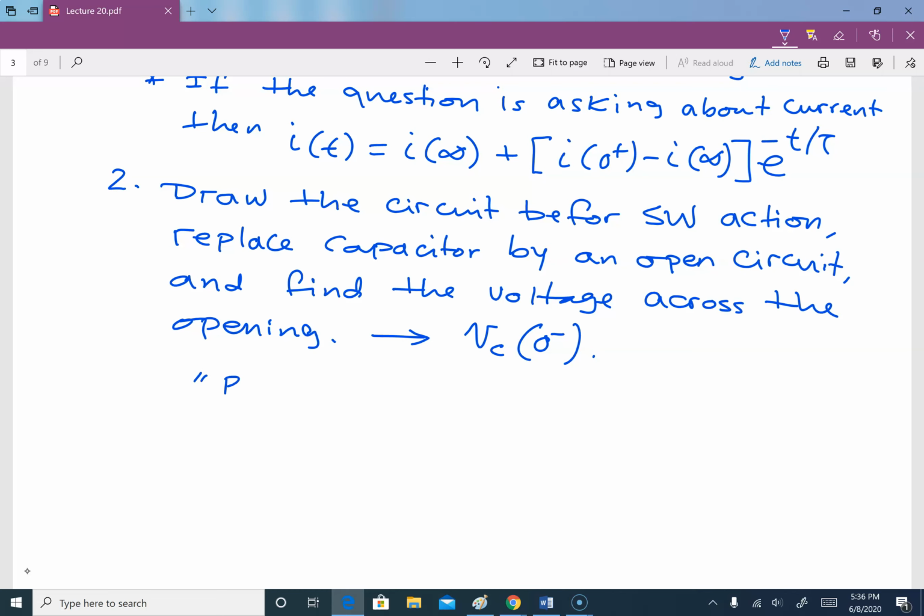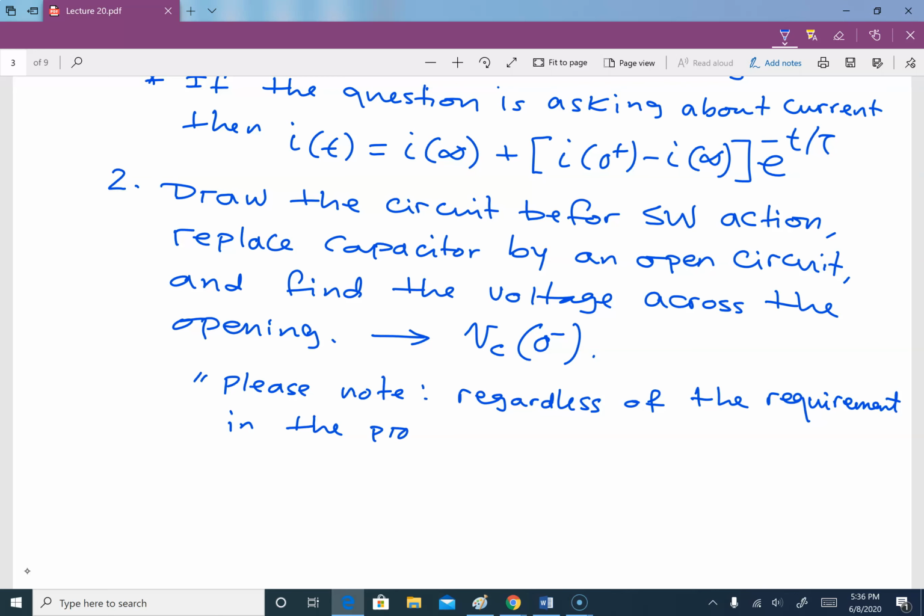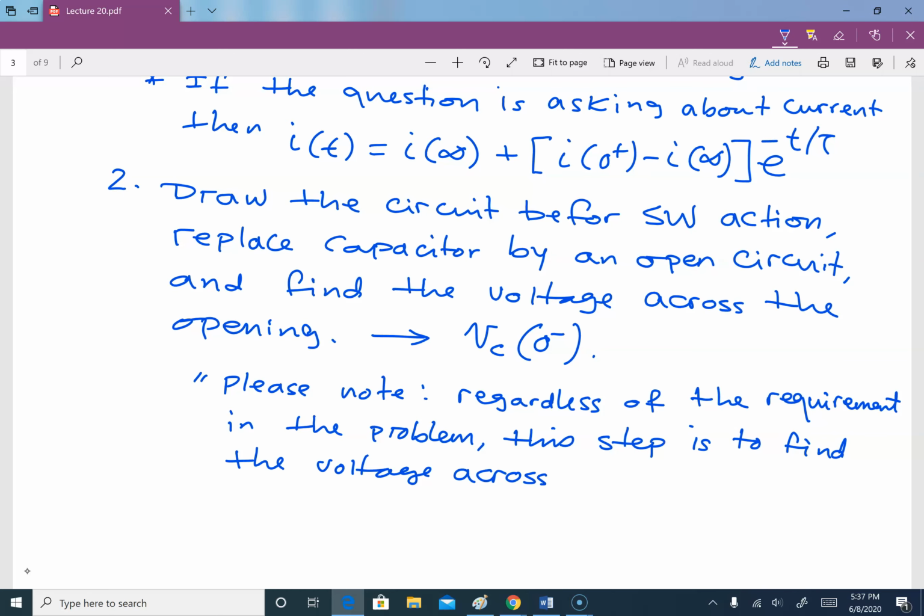So over here, please note, regardless of the requirement in the problem, this step is to find the voltage across the capacitor when it is open.